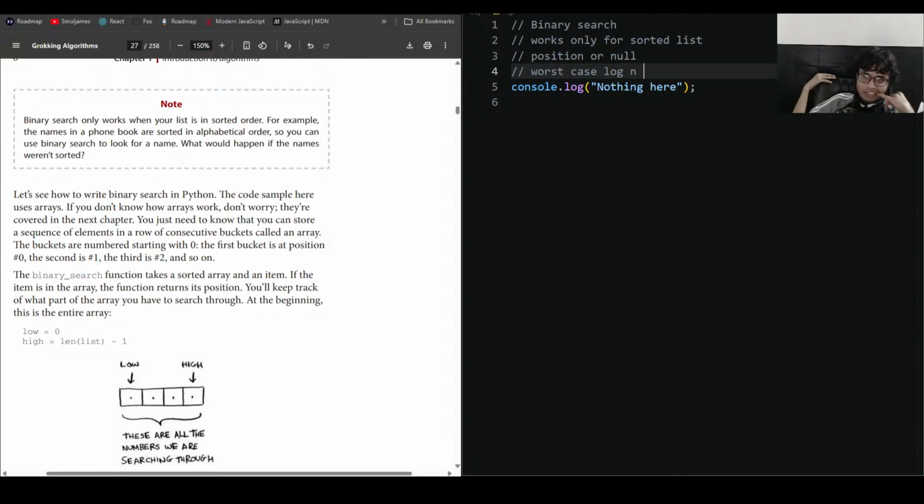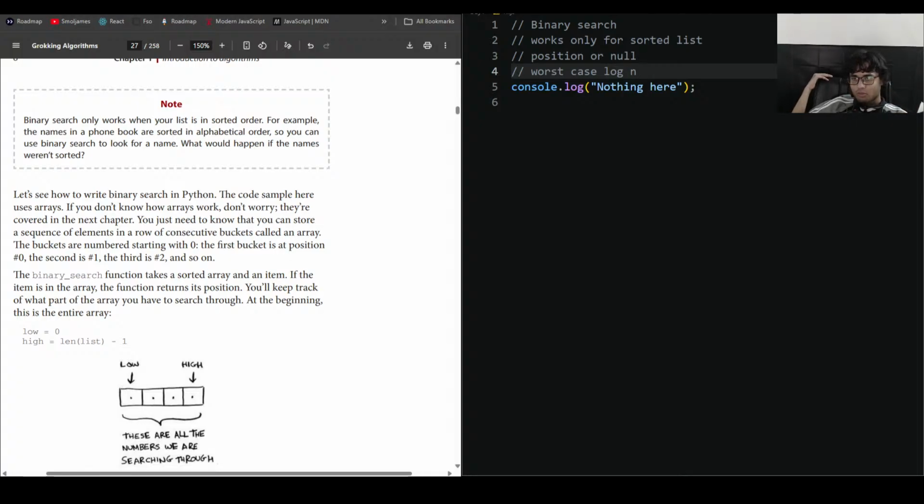If the item is in the array, the function returns its position.